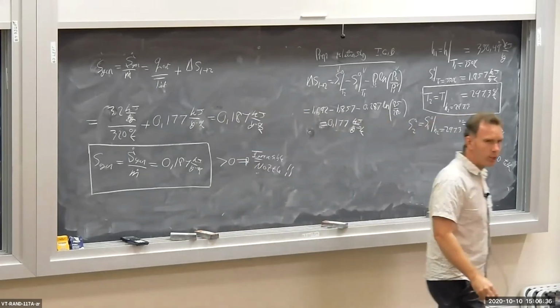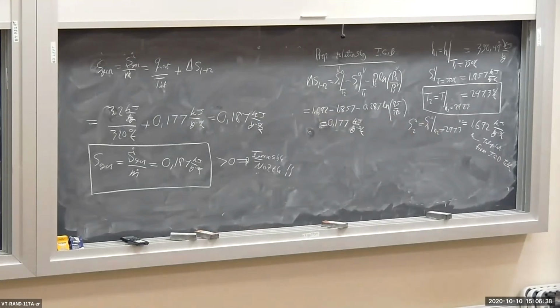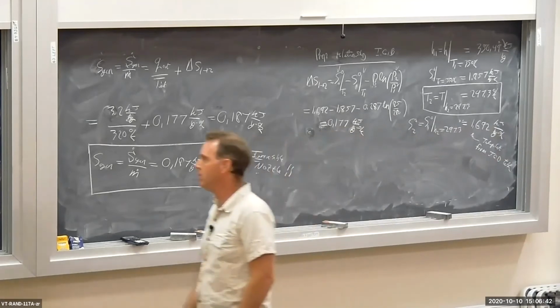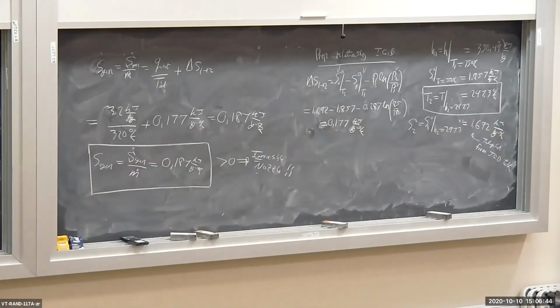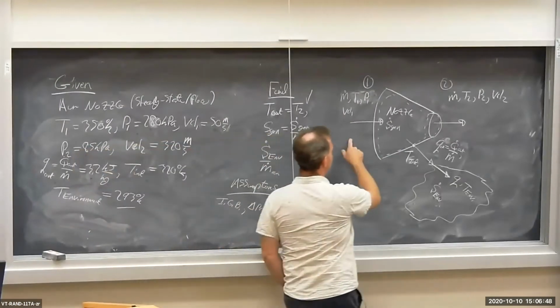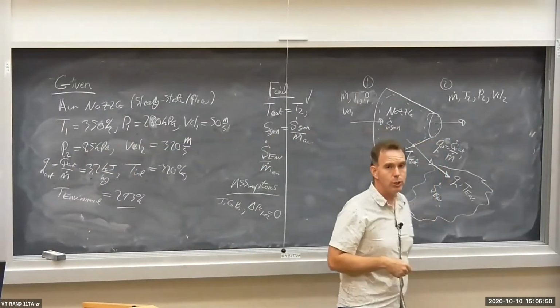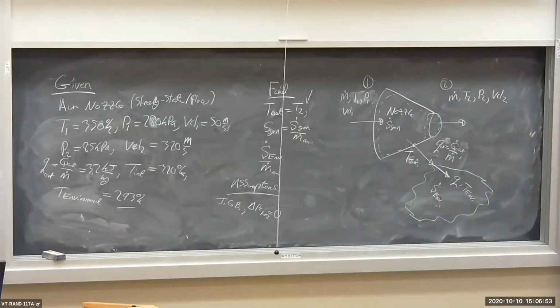Irreversible. So there's some friction going on in there. There's some unconstrained expansion. We got a pressure drop across the nozzle, high pressure to low pressure. Maybe the pressure isn't dropping reversibly. Maybe there's some weird fluid dynamics going on inside, some flow separation.